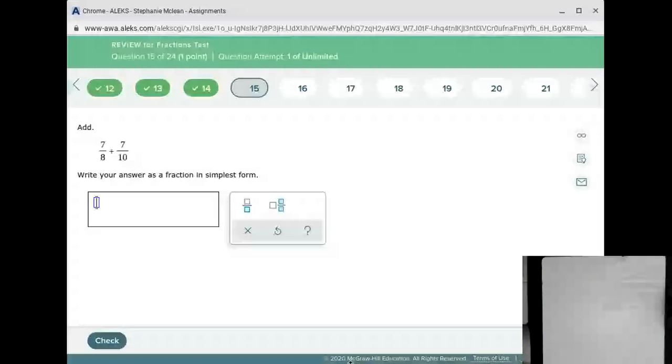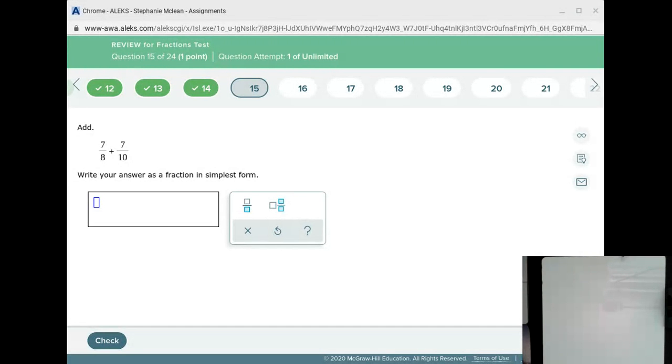Moving on. So I have 7/8 plus 7/10. Write your answer as a fraction in simplest form. Okay. So I need to find a common denominator for 8 and 10. 8 does not go into 20. 8 does not go into 30.